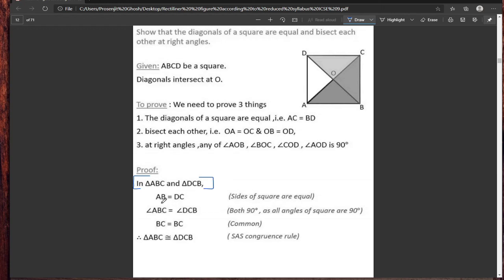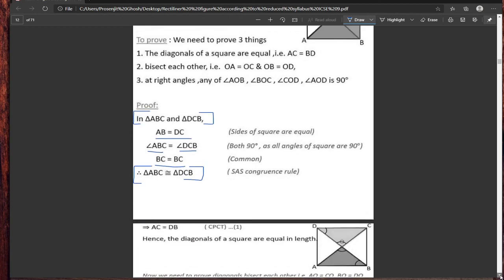What we will get from there is AB equal to DC and also angle ABC equal to angle DCB. And one more thing, the common side BC equal to BC, and these three are enough to prove that we have congruent triangles by SAS.